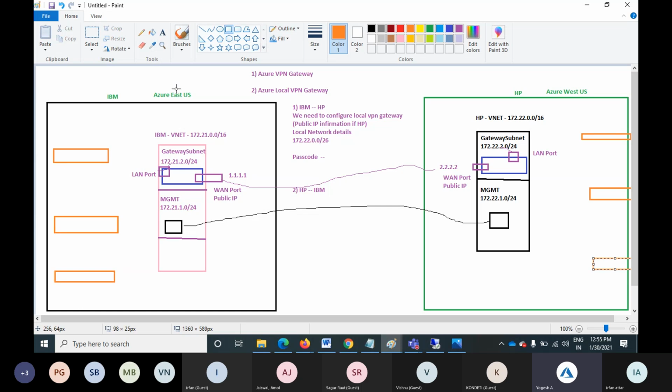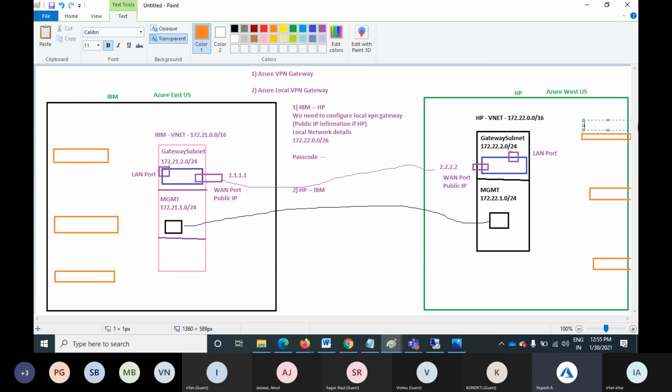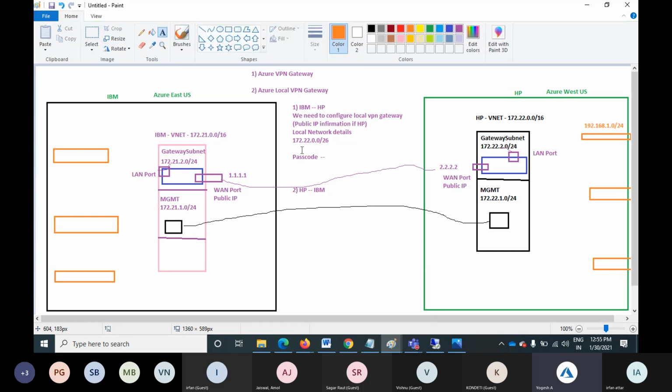All the VNets will communicate with all other VNets because you need to allow the ranges. If you configure some network or some VNet and subnet here, let's say 192.168.1.0/24, that particular network should be allowed in that particular connection.